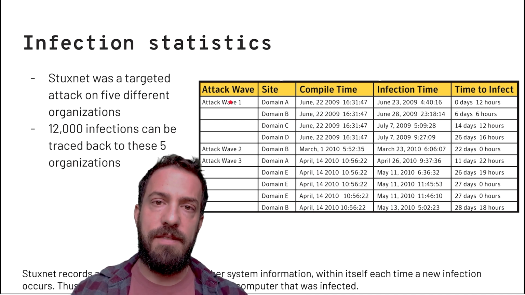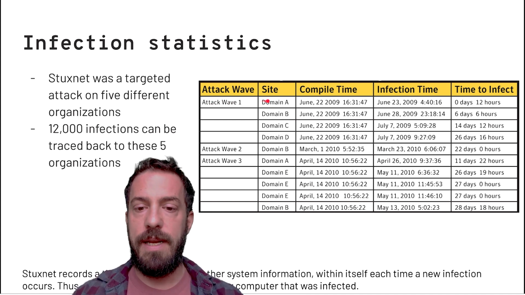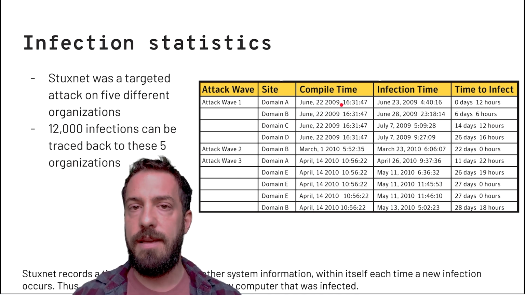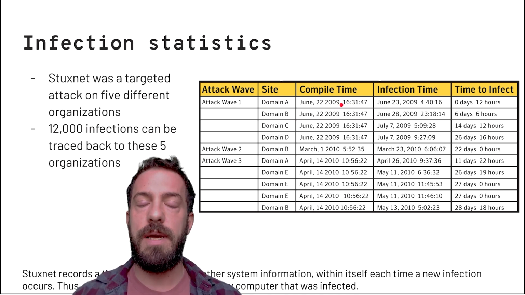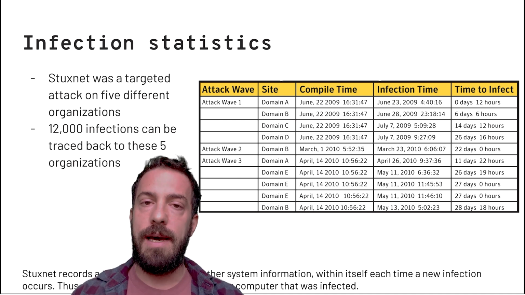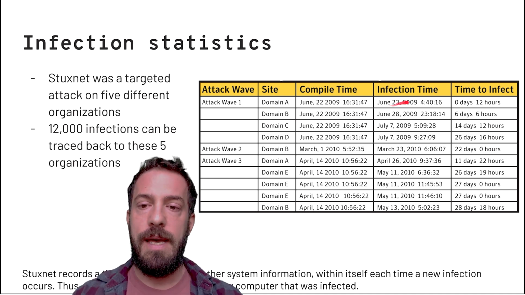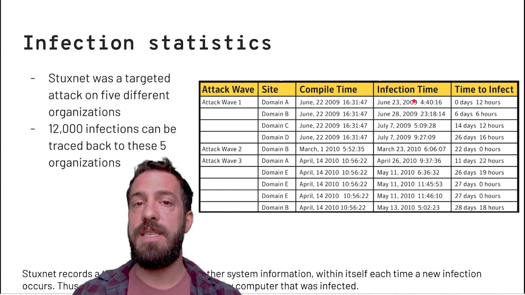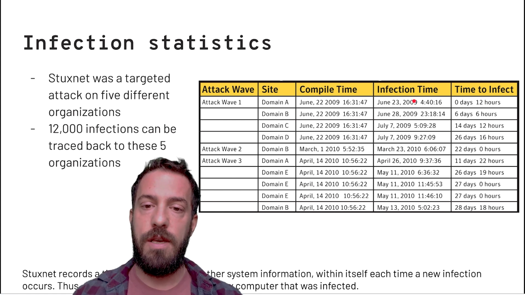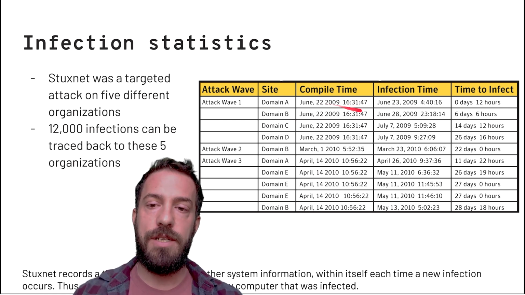Symantec has identified 3 attack waves that happened at different times, and they can say with certainty what the waves were because the binaries had a compile time, and Stuxnet was also keeping a timestamp of infection time. They would compare the two and see how much time it took from the binary compilation to the infection time.